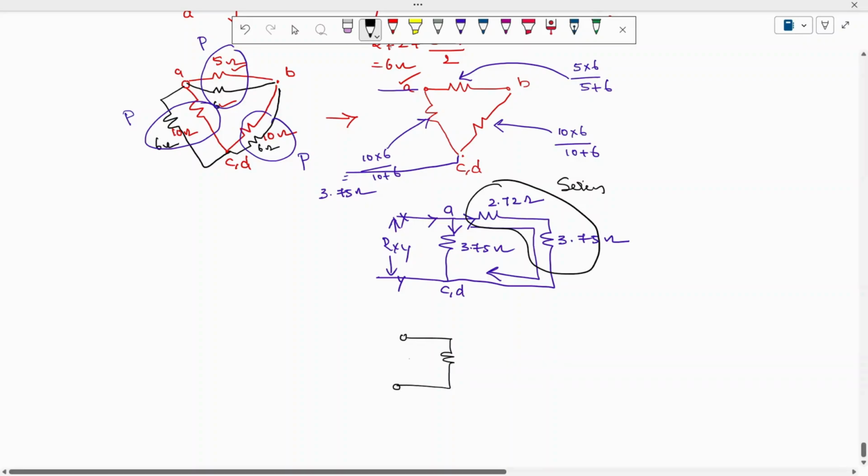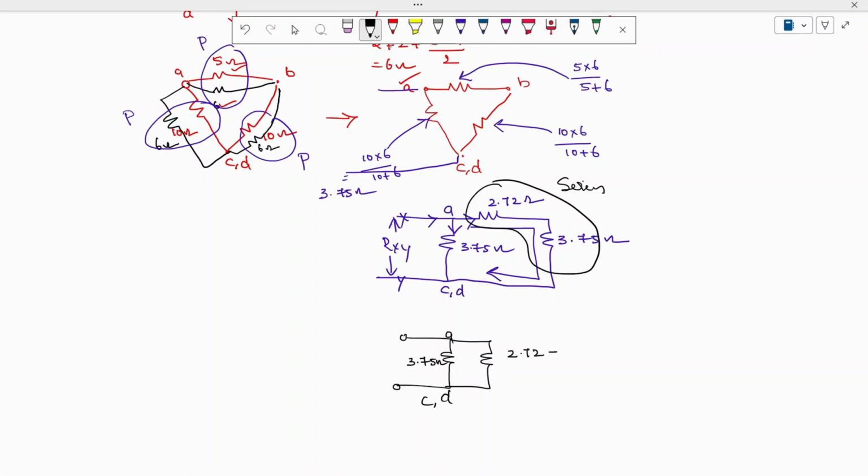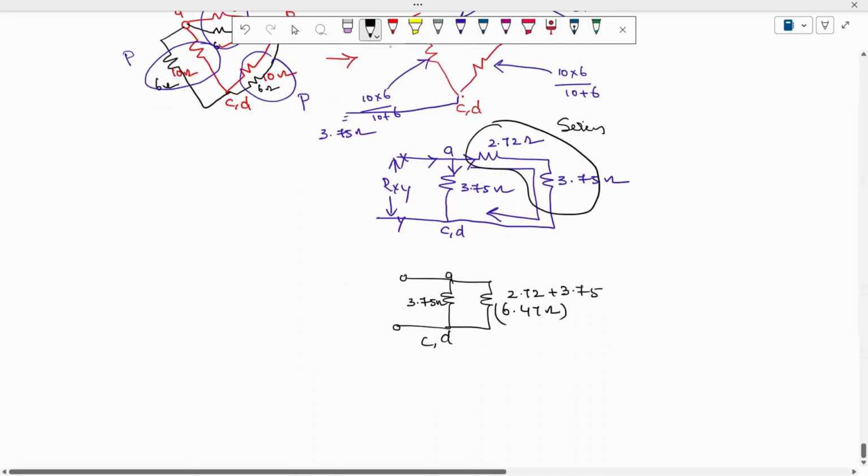So this is 3.75 ohms, and between A and CD we are going to get one more resistor, which is nothing but the sum of these two. So sum of 2.72 plus 3.75, if you add, then you are going to get 6.47 ohms.